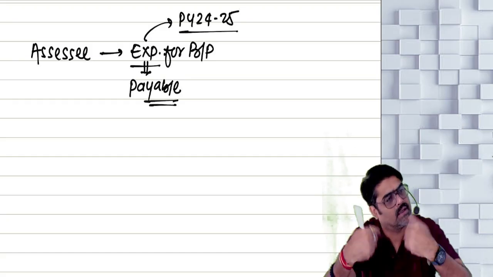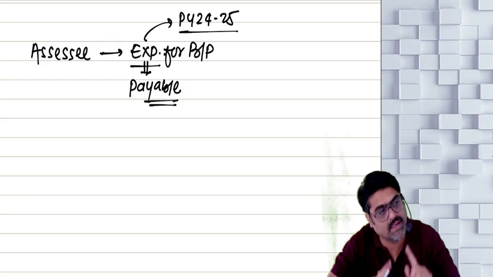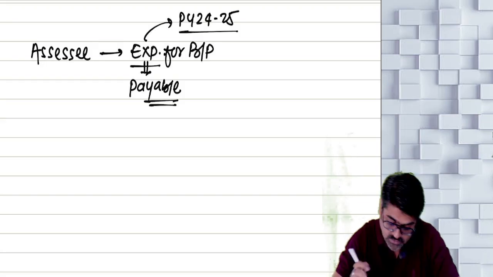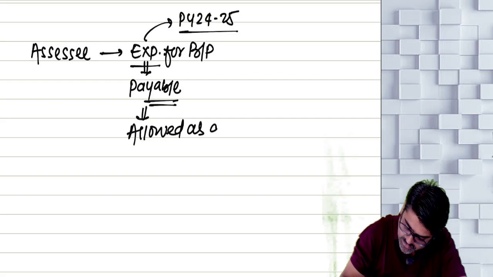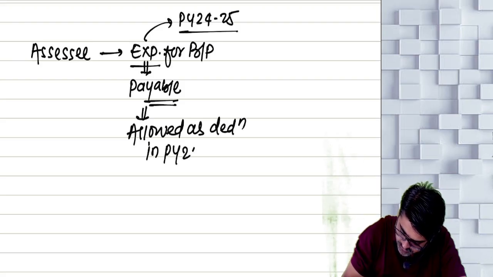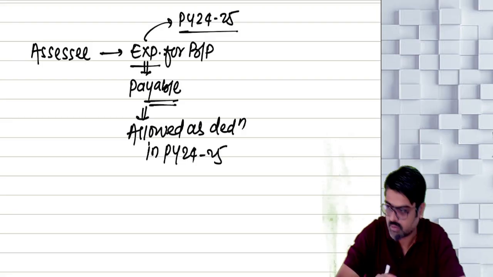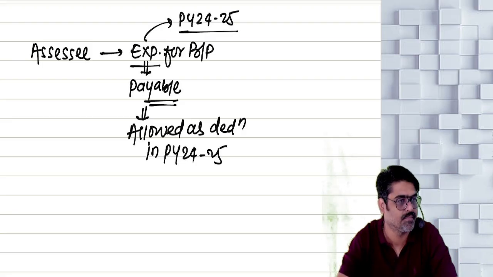Last year. And it was payable in that year. It was allowed. Allowed as deduction in the last year. So in 24-25, it was allowed as a deduction.